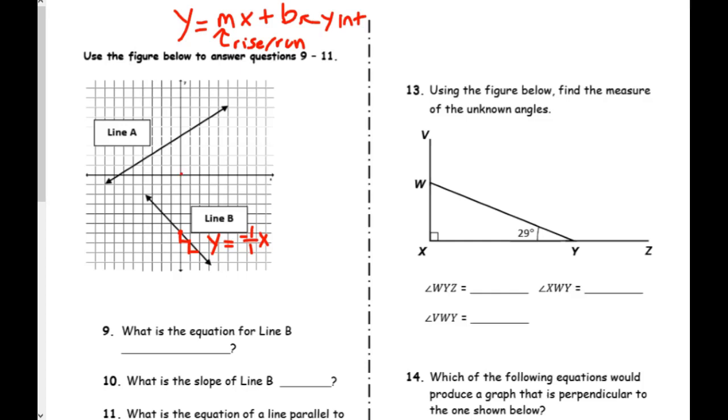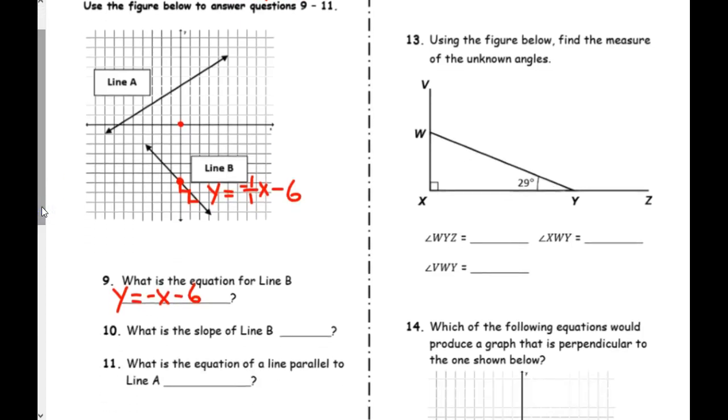So here's 0, 0 right here. Down 1, 2, 3, 4, 5, 6. That's minus 6. Okay, so negative 1 over 1 just means negative x, and then minus 6. Same thing. And then it says what's the slope of line B? Well, we already found it, negative 1 over 1.